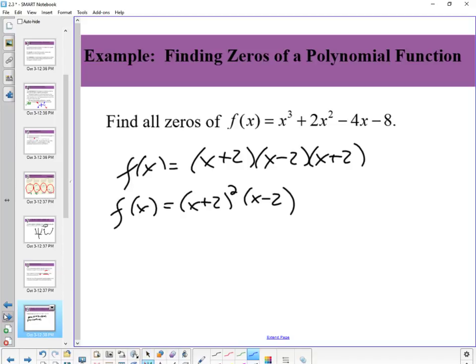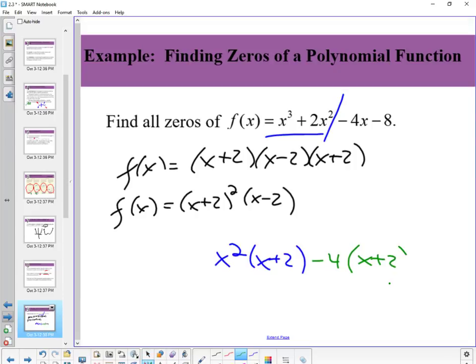Cool. So I split it there, right? And the first part, I factored out x squared, which left me with x plus 2. On the second part, I factored out a negative 4, which left me with x plus 2. And then I factored out the x plus 2, which left me with x plus 2 times x squared minus 4.